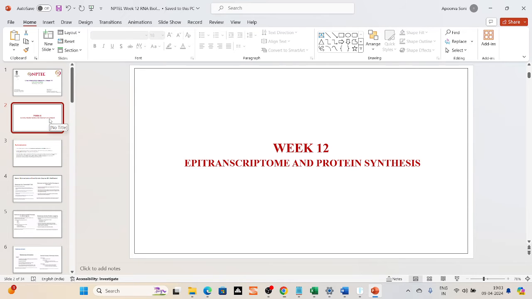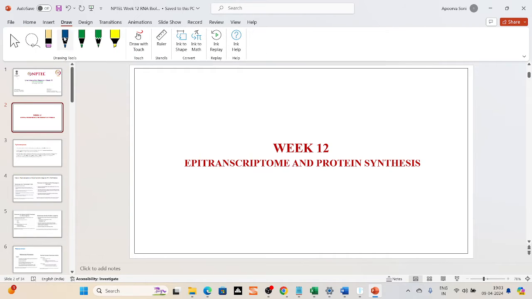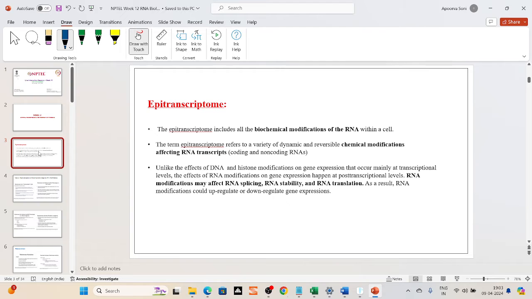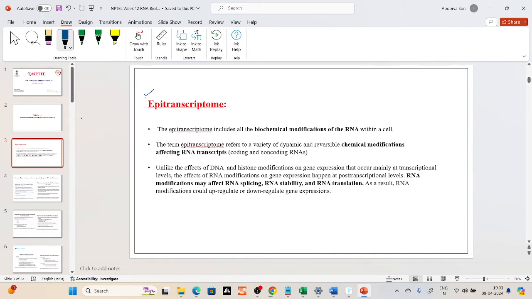In this week, we are going to study epitranscriptome and protein synthesis. Before starting anything, you should first know the meaning of epitranscriptome. Epitranscriptome includes all the biochemical modifications of the RNA.